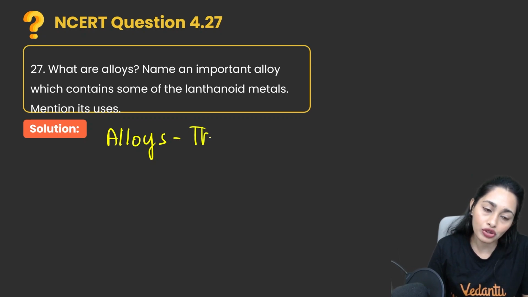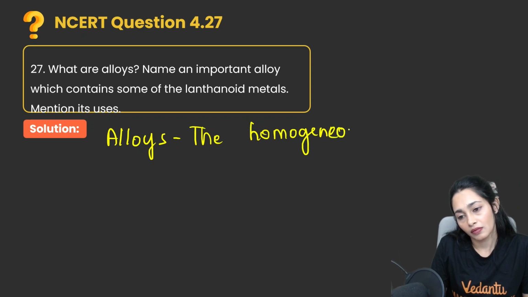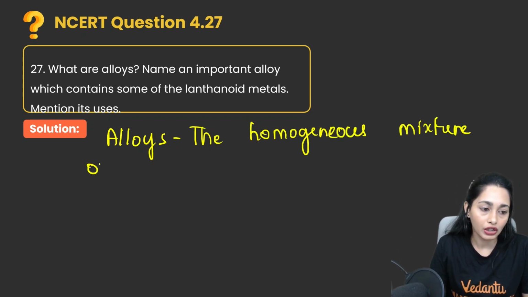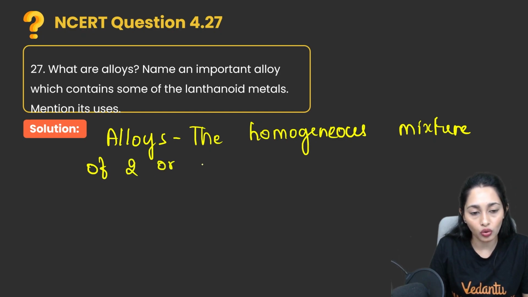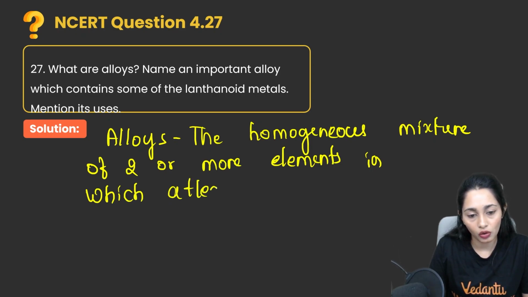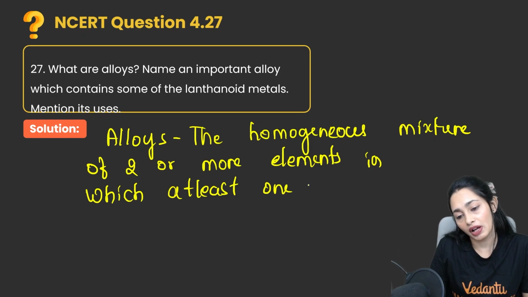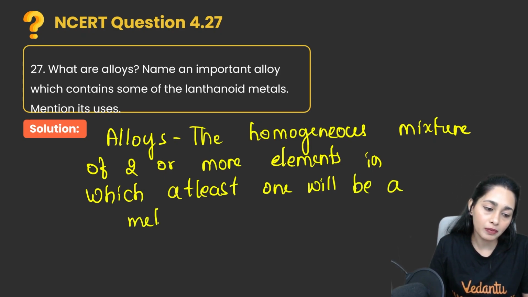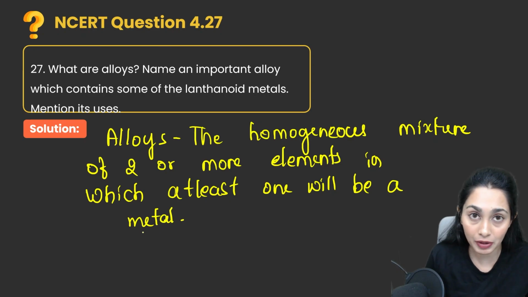Alloys: the homogeneous mixture of two or more elements in which at least one will be a metal. Example: brass, bronze, stainless steel. These are examples for alloys.